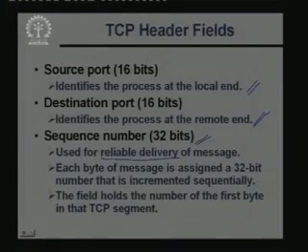TCP will assign a sequence number to each piece of the message, and that sequence number will correspond to the starting byte number in the original message from where that piece starts. So, each byte of the message is assigned a 32-bit number. This is byte level addressing, that is incremented sequentially. The field holds the number of the first byte of that particular TCP segment you are trying to send.